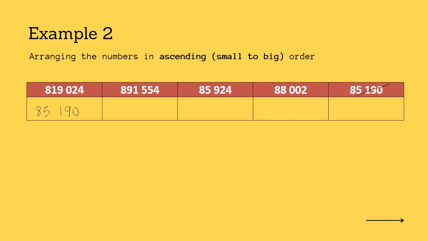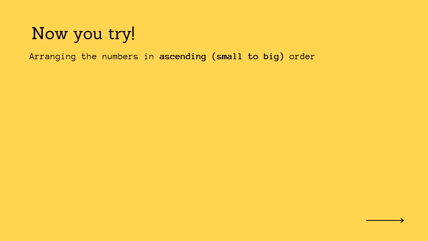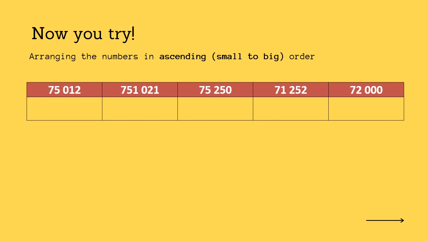The second smallest number is 85,924, which is this one, followed by 88,002, followed by 819,024, and the biggest number is 891,554.